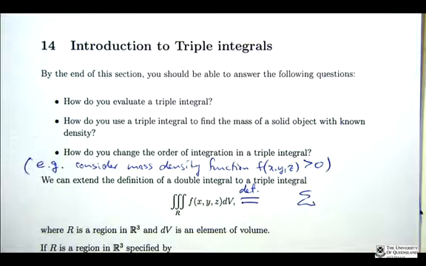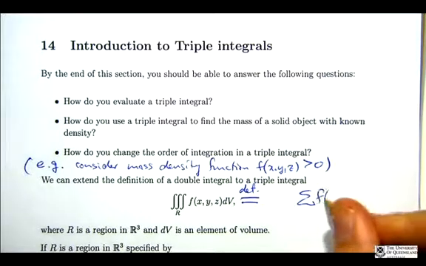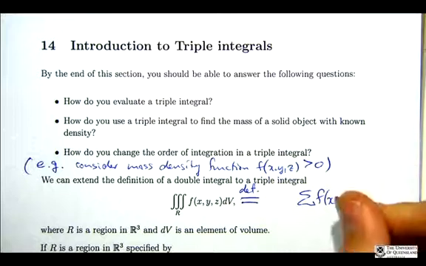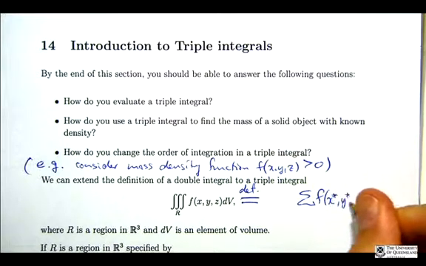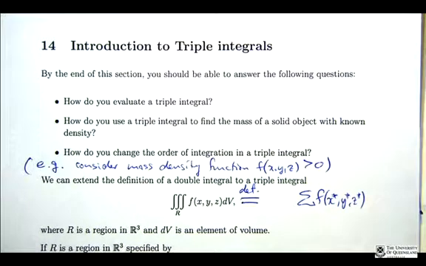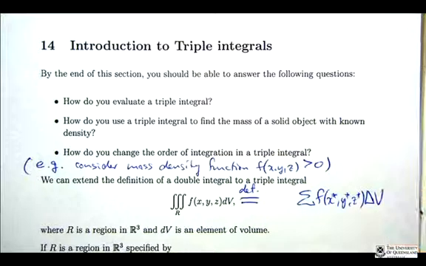Choose representative points inside each box. Evaluate the given function at each of those representative points multiplied by delta V, the volume of these boxes.